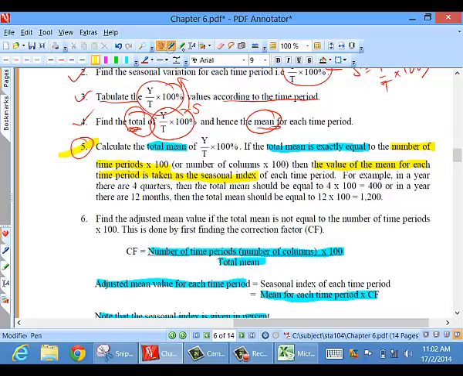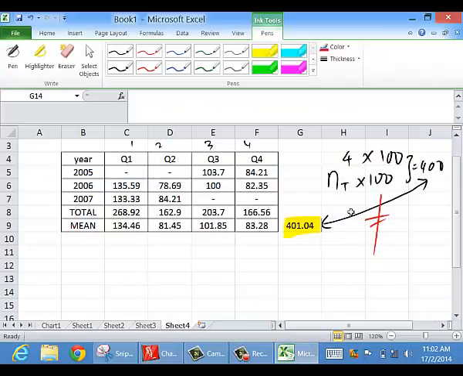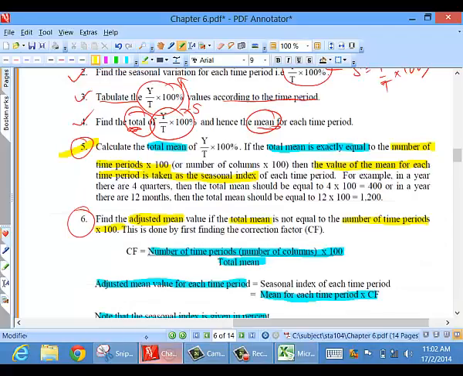So for step number 6, find the adjusted mean value if the total mean is not equal to the number of time period multiplied by 100. So since these values are not equal, then we need to find the adjusted mean. Can you understand?